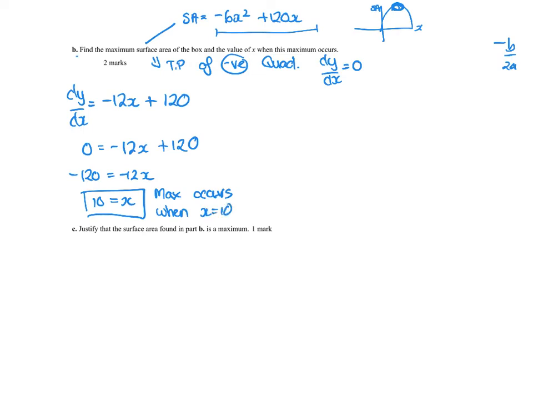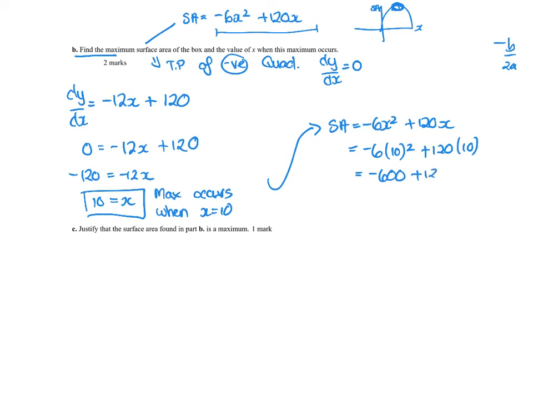Now they asked me to find the maximum surface area, so I need to go into the surface area formula and put 10 in. So it'd be negative 6 times 10 squared plus 120 times 10. So we're going to have negative 600 plus 1,200, so equals 600. So the maximum surface area was 600 centimeters squared.